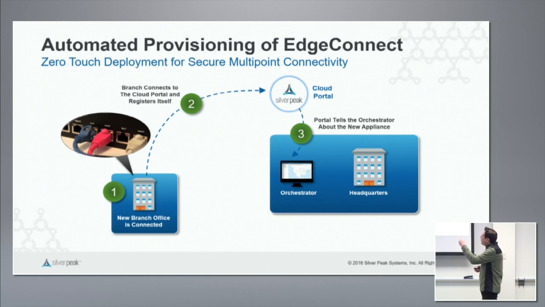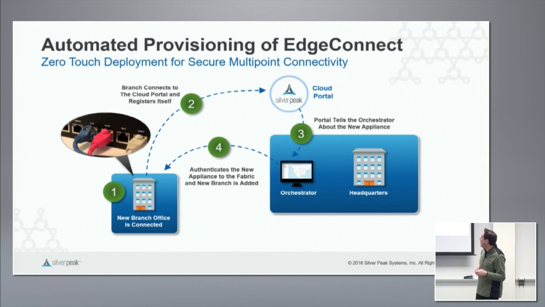So the cloud portal looks at the serial number of that device. Because of that, we know who the end customer is. And then the portal will tell the end customer's orchestrator, hey, you've got a new device on your network. And then the administrator sitting at the data center with the orchestrator is going to get a flashing green light saying, hey, there's a new device. Do you want to accept this or deny this onto your network?